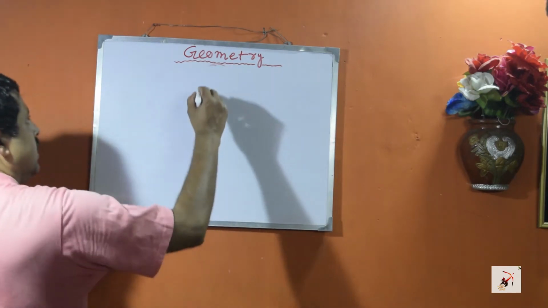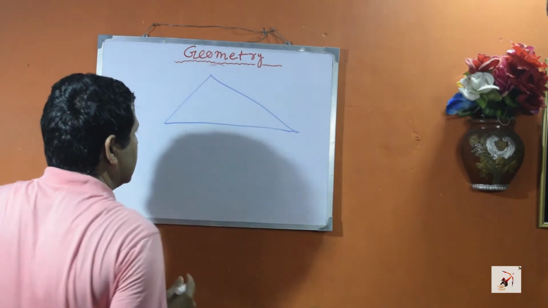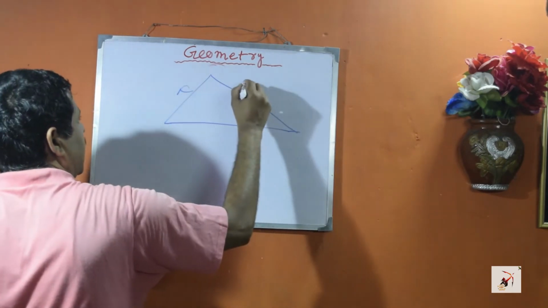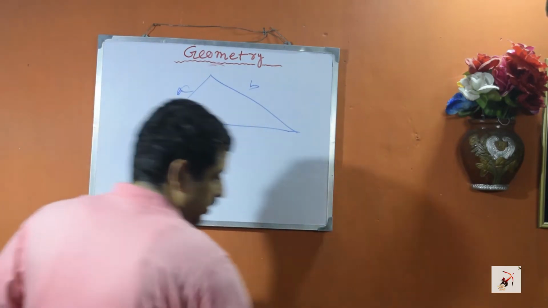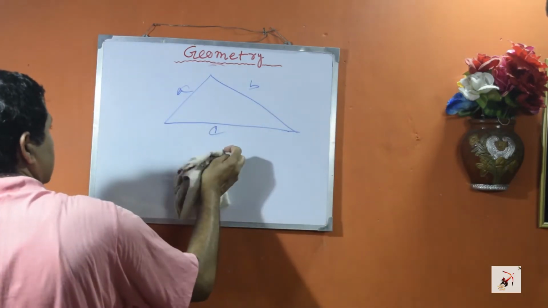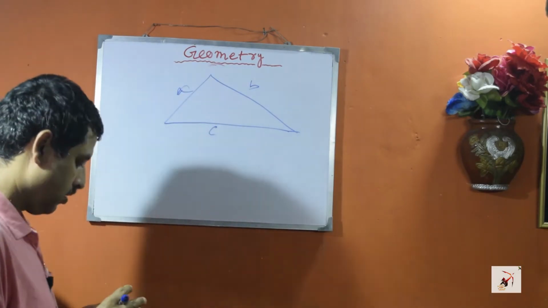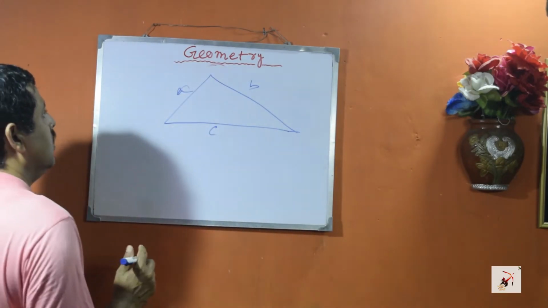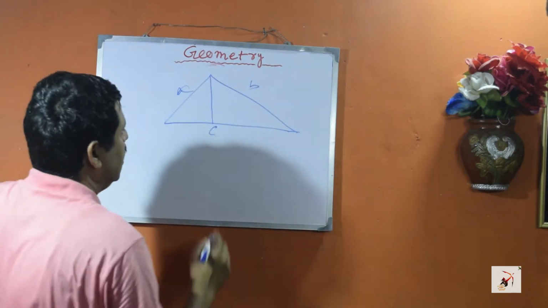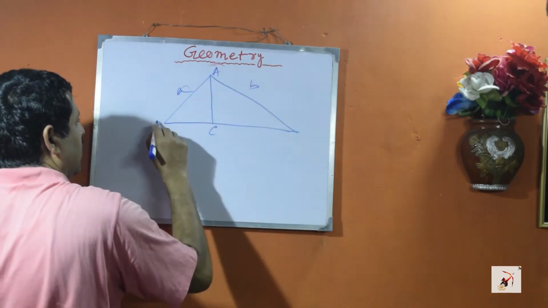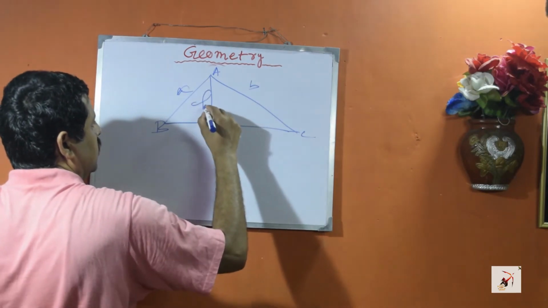For example, if we take a triangle, sides are A, B, and C. The altitude, that is the length of the perpendicular from any vertex to the opposite side, is the altitude or height.